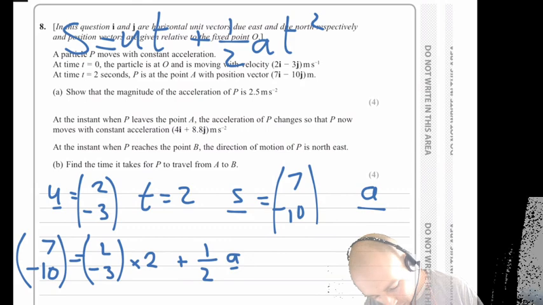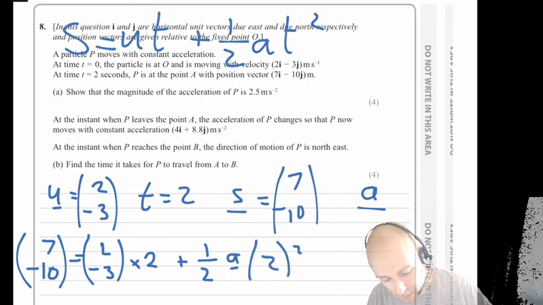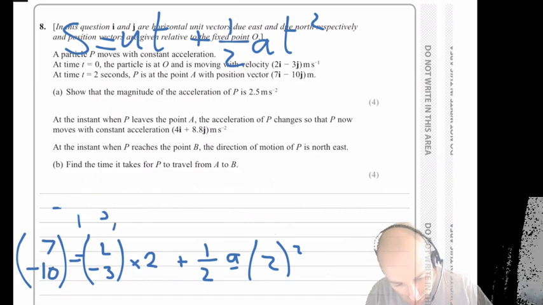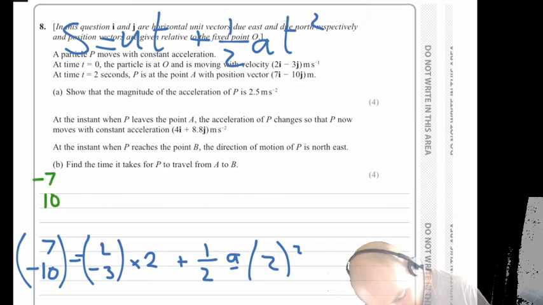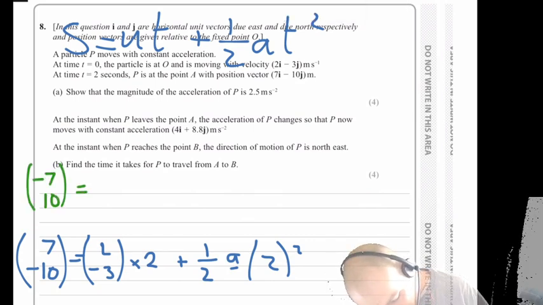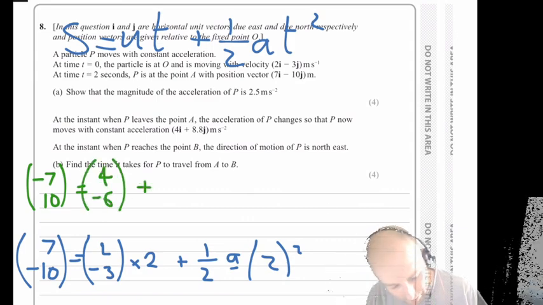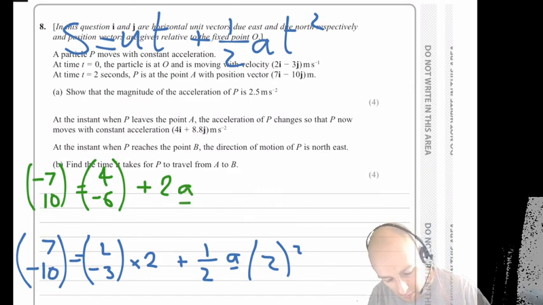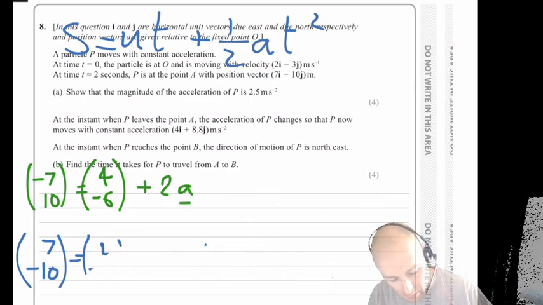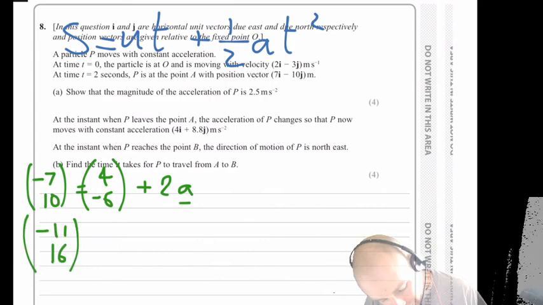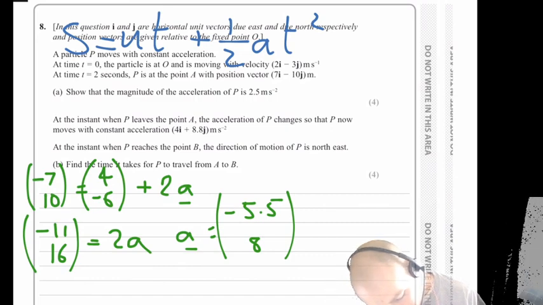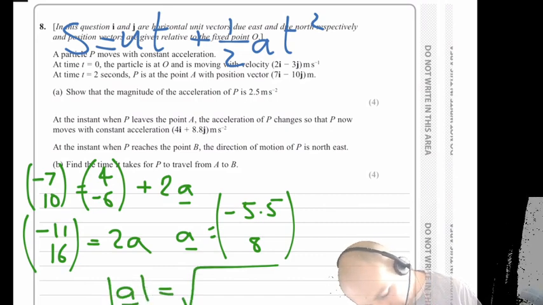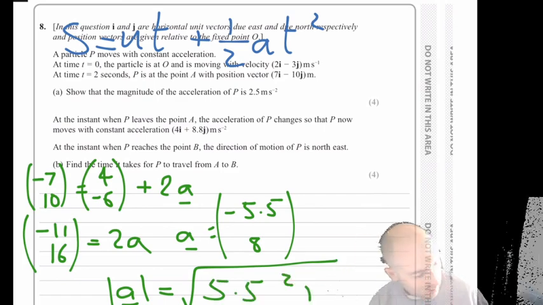So we get that. Working this one out, 7, minus 10 equals 4, minus 6, plus 2a. So therefore 2a, so a equals, the magnitude of a, square root of 5.5 squared plus 8 squared.